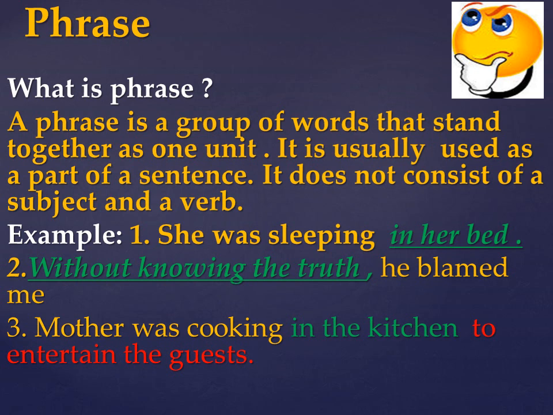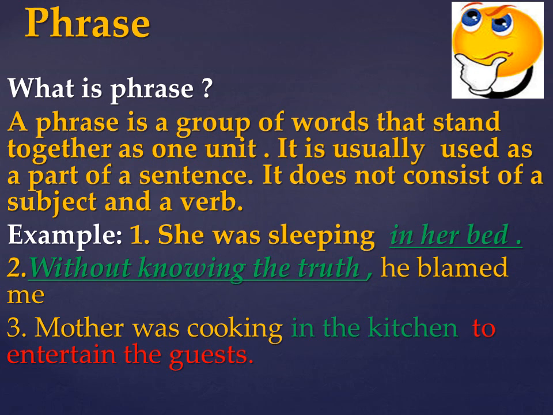Another example, mother was cooking in the kitchen to entertain the guests. Look at the green part, in the kitchen. It also fulfills the features of a phrase. And look at the red part, to entertain the guests. So it is also a phrase. So there are two phrases in the sentence.